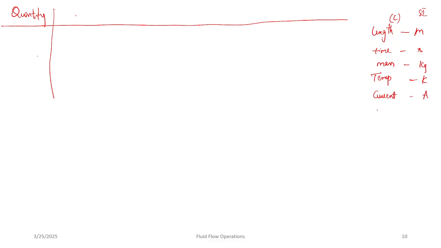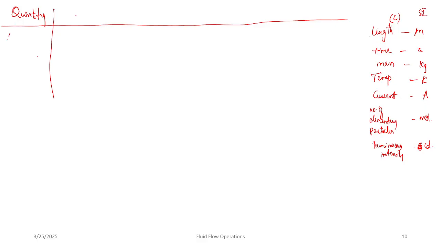And then we have current. Ampere is the SI unit. And number of elementary particles, the SI unit will be mole. And luminous intensity, the SI unit would be candela, that is cd. So let's see how we can express derived quantities in terms of fundamental units.